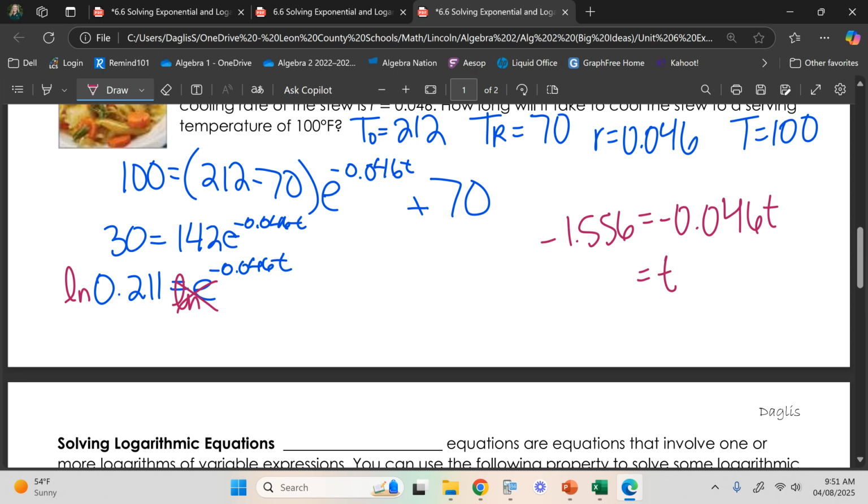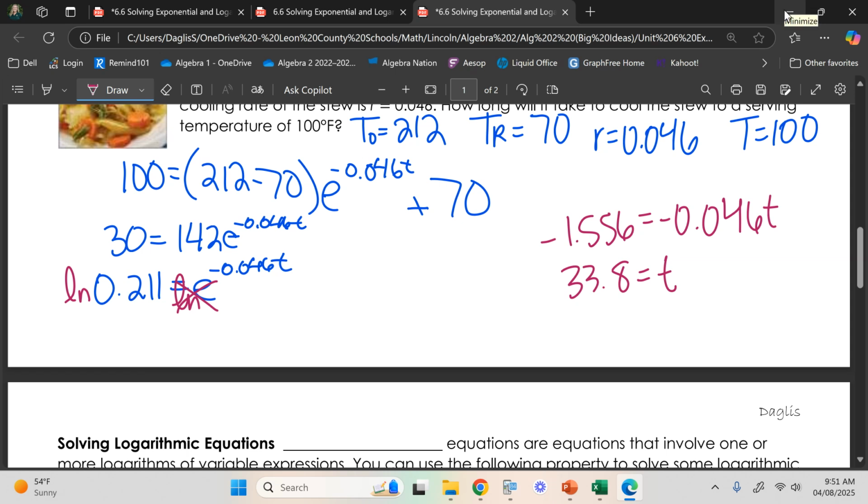Anybody? Will, what'd you get? Miles, same thing? Still typing it? Danny, is that what you got? 33.82? Okay, cool. So about 33.8, 33.82. Good.